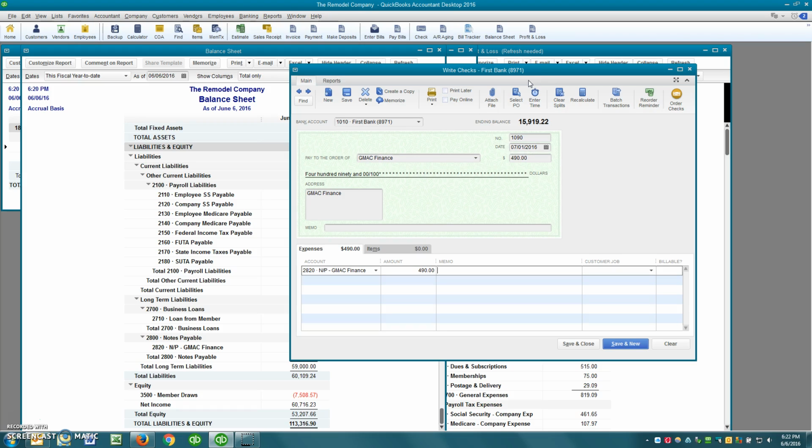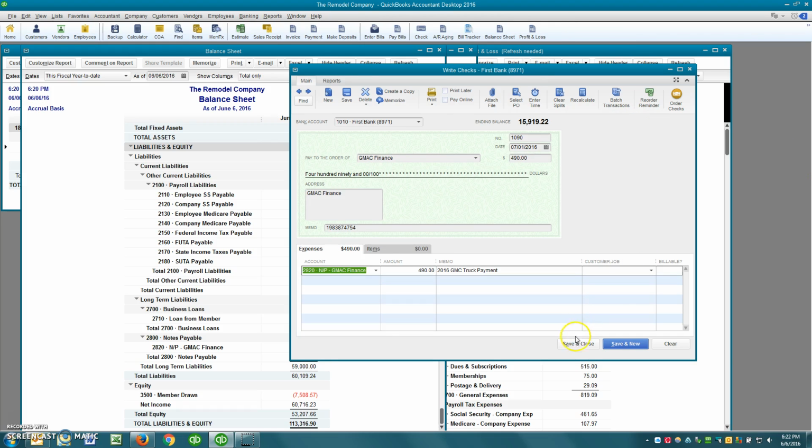Okay, so we could put in here, let's see, 2016 GMC truck payment, something along those lines. And up here, especially if you're printing checks from QuickBooks, you would put the account number. Okay, so that the account number would appear on the check. That's kind of the idea.